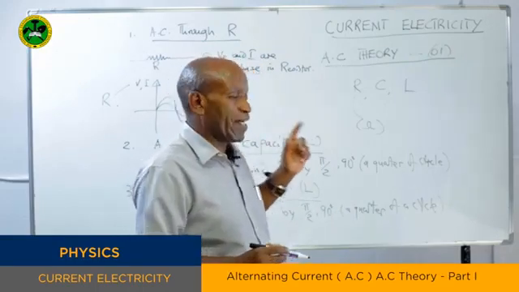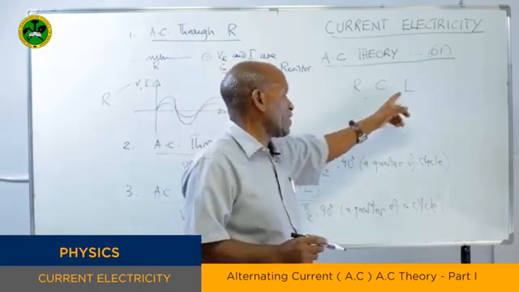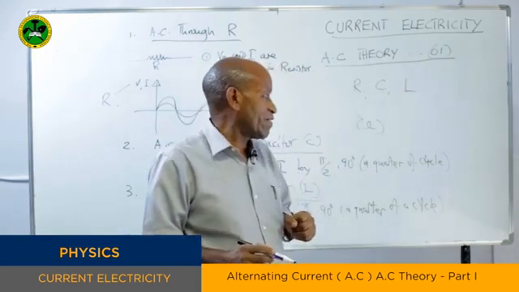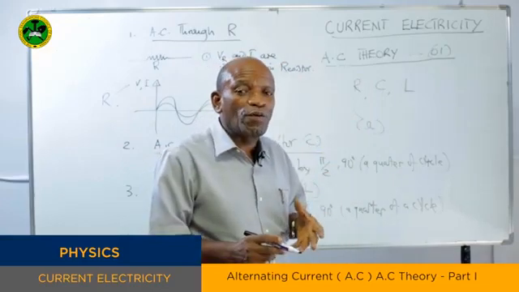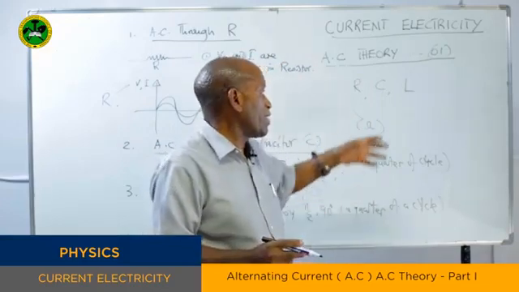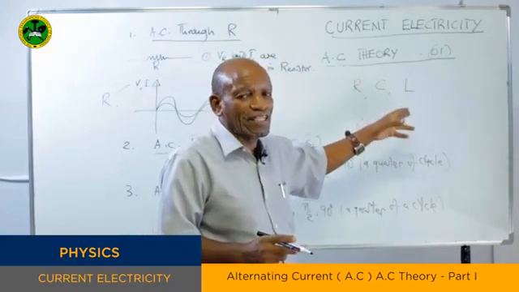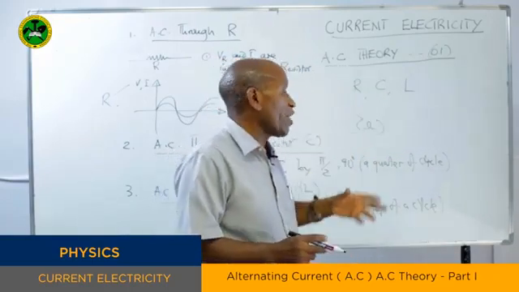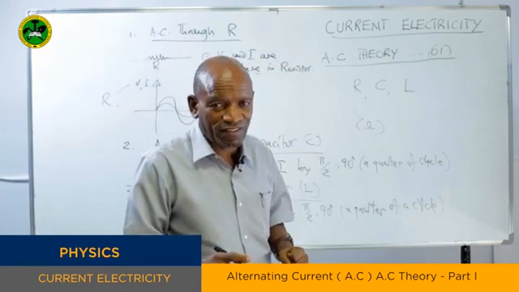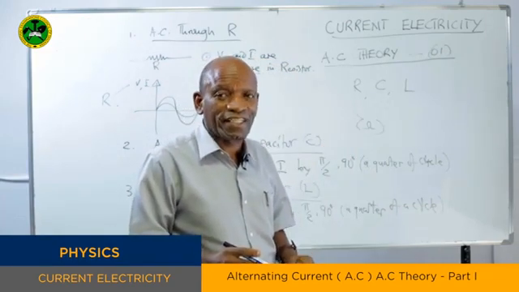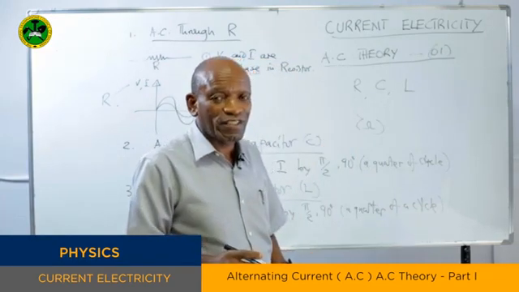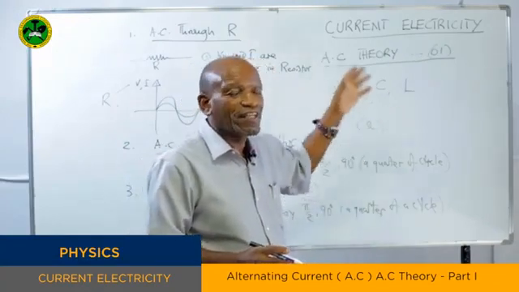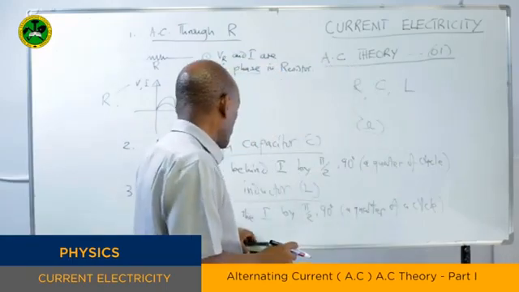But for a capacitor or an inductor, such an opposition provided whenever an alternating current is made to cross through it, we are not calling a resistance. We are calling it a reactance. So we have capacitive reactance and inductive reactance.